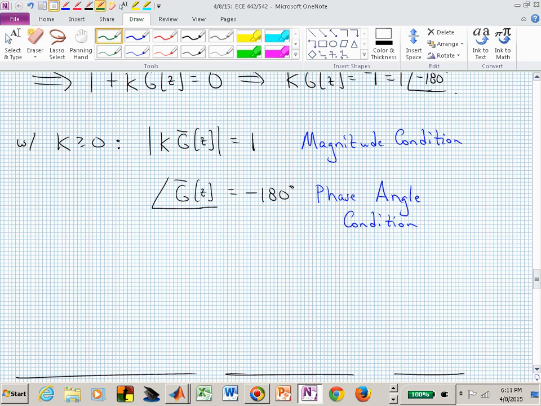But what you could do, I could, on an exam, give you a pole zero pattern, and I could ask you, is this point right there on the root locus? That could be a question.